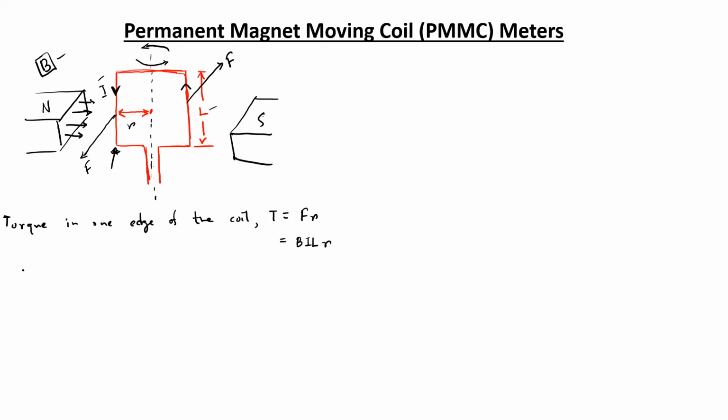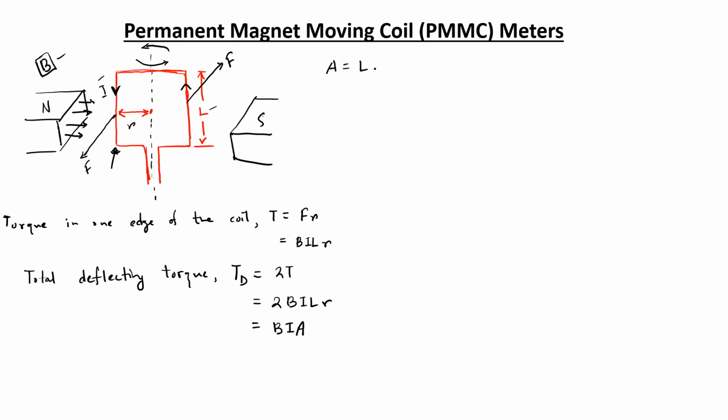Now the total deflecting torque would be twice of what is written for one single edge. So it would be twice B I L into R. And further, it can be written as B I into A, where A is representing the effective area of the coil.